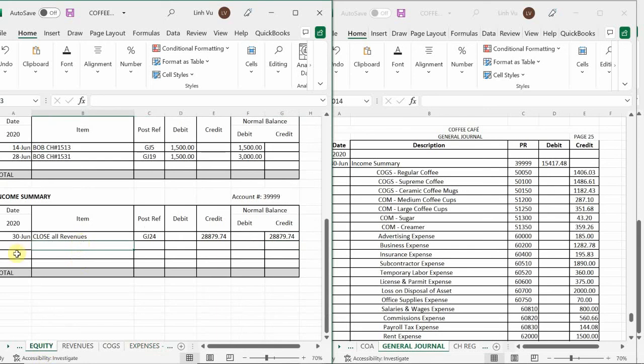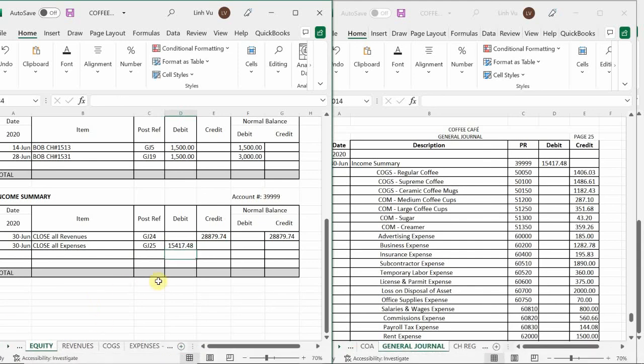Okay, here's my income summary, where we closed all expenses, which we debited the income summary for 15,417.48.